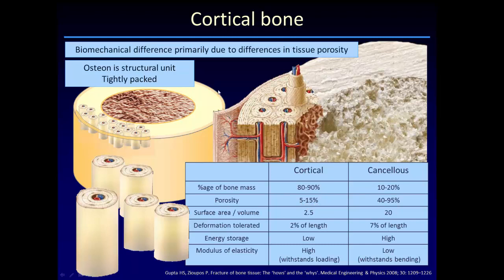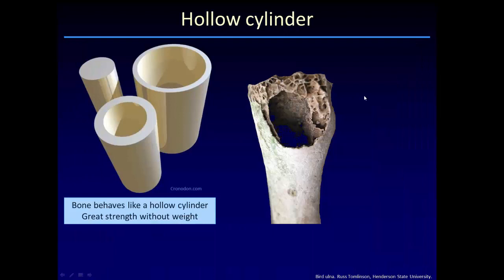It's tightly packed with osteons that are organized in these longitudinal bundles, whereas there's a lot more empty space filled with marrow elements and fat in the cancellous bone, making it a much more porous structure, much more loose and less dense, less heavy than cortical bone. So now we're going to focus in on the cortical bone.